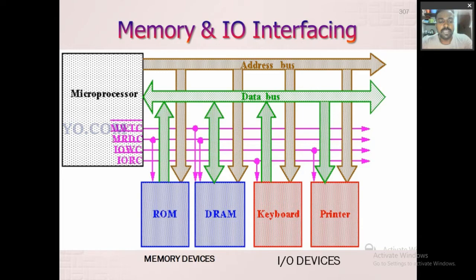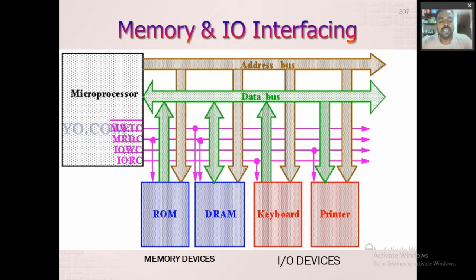Keyboard needs the I/O read command because keyboard is an input device. Printer is an output device, so it needs the I/O write command. RAM is read-writable, so we can do read and write operations. ROM is read only memory, so we cannot write, so we use the memory read command.